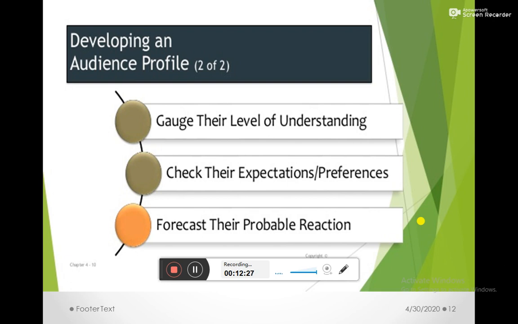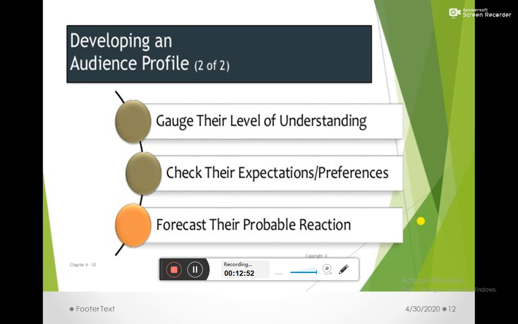The fifth point is to check their expectations and preferences. For example, will members of your audience expect complete details or just a summary of your main points? In general, for internal communication, the higher up the organization your message goes, the fewer details people want to see.